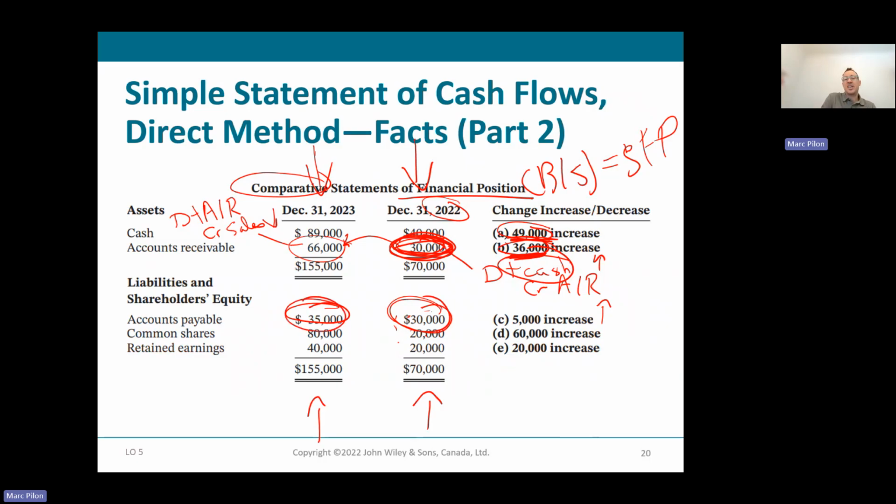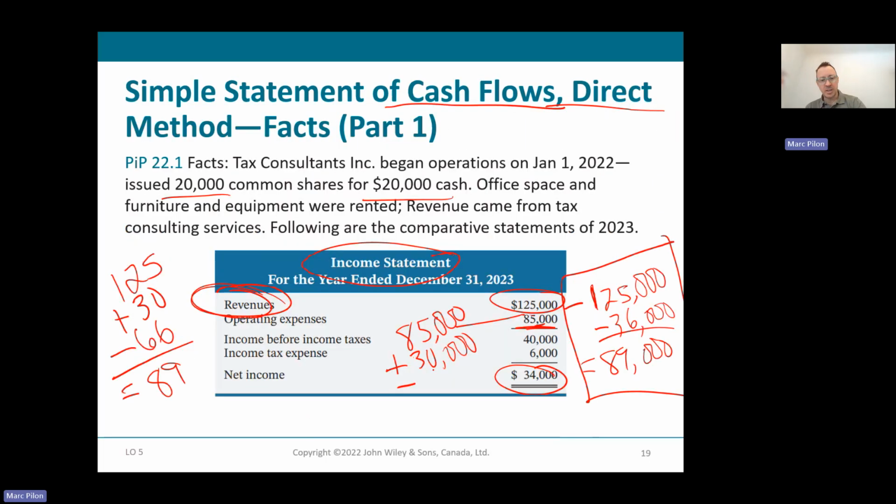That's good. I paid less. This is good for my cash flow. So minus 35. So what I actually paid was only 80. I only got 89 in actual revenue, but I only paid 80 in actual expenses.